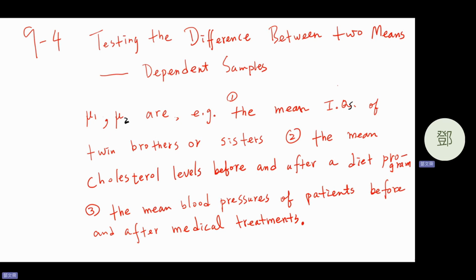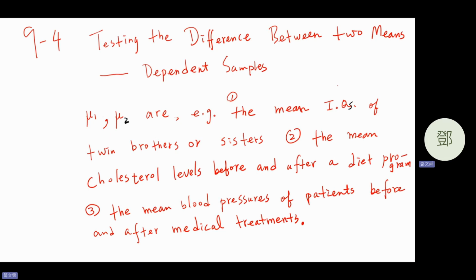So the t-test that we used before is not suitable for this kind of comparison. We need a new test procedure to compare mu1 and mu2. For the mean blood pressure of patients, Xi and Yi should be the blood pressure you observe on the same patient before and after he or she takes the medical treatment.